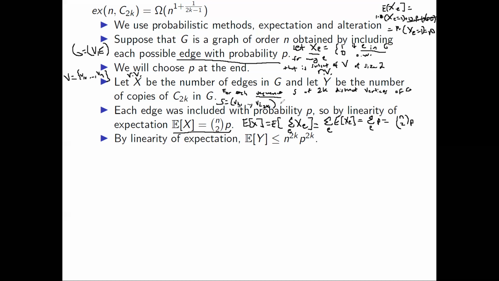And we'll define this indicator random variable, Y sub S. We'll define it to be 1 if there's a copy of C2k on S, and 0 otherwise.